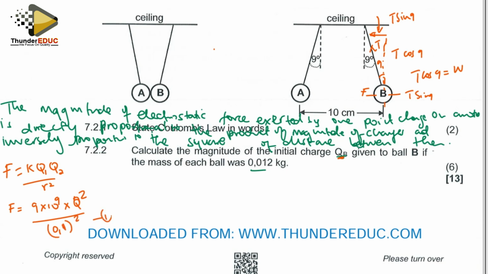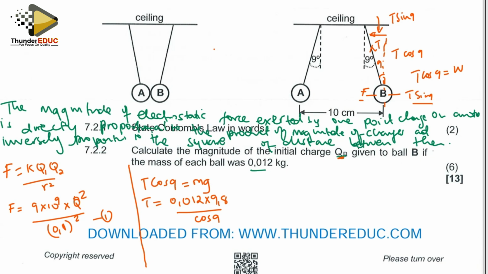Okay, I can call that my first equation. Then I come down and play around with another equation, whereby T cos of 9 gives me the weight. Then for me to get the T, I'll get the mass, which is 0.012 multiplied by 9.8 over the cos of 9.